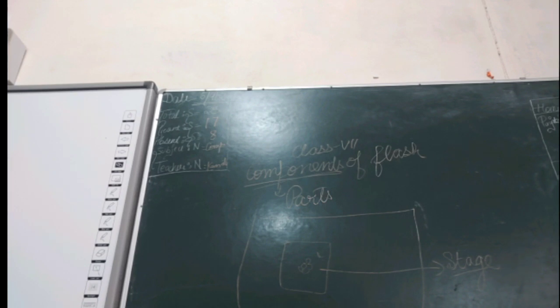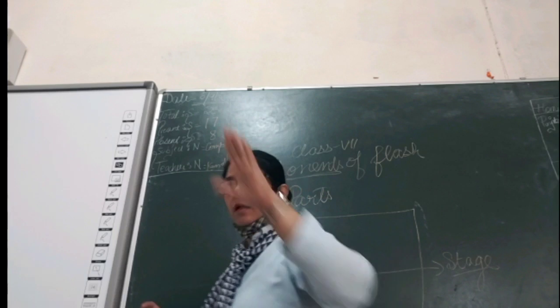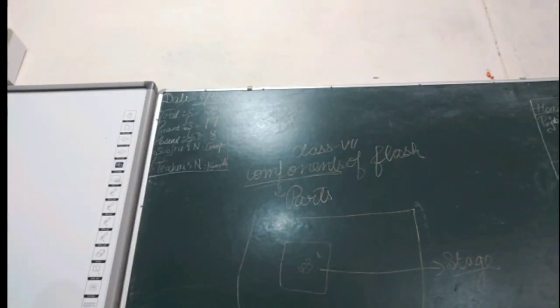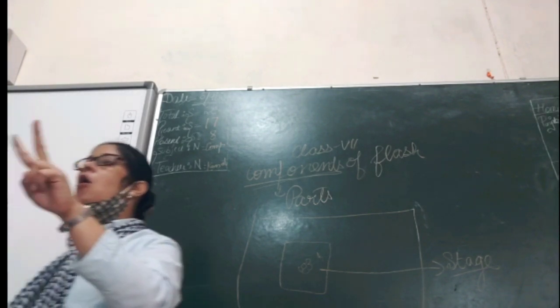Stage is an area where we work or type or draw. Sarika, what is stage? Anshika, what is stage? That's why I am telling you make instant notes. Stage is an area where we type, draw or work.